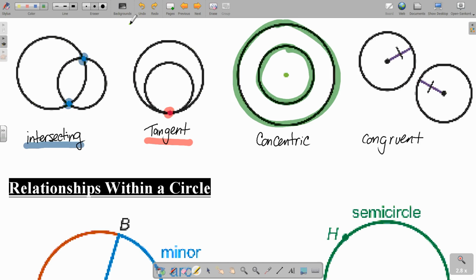So in other words, the radii from here to here is the same, and the radii here and here is the same length. We would call that concentric. And whenever you have circles with congruent radii or congruent diameters, automatically the circles themselves are congruent.